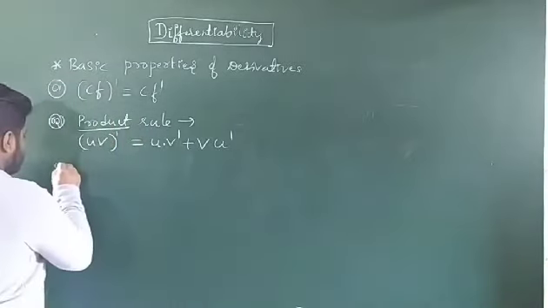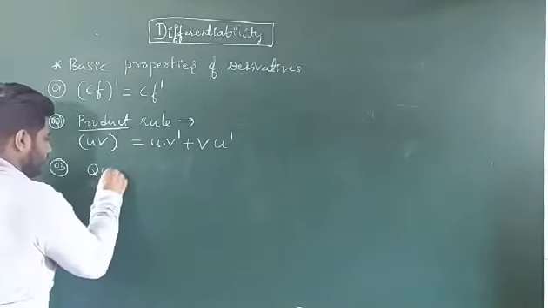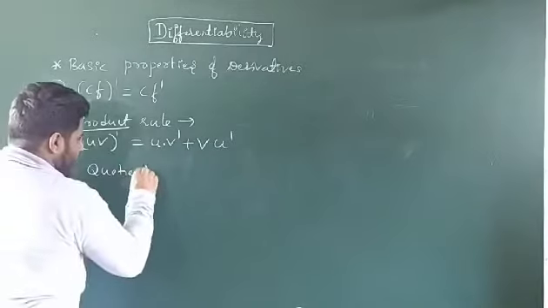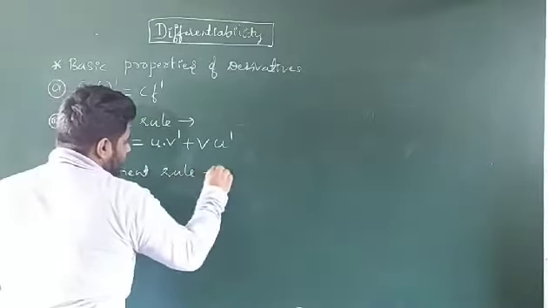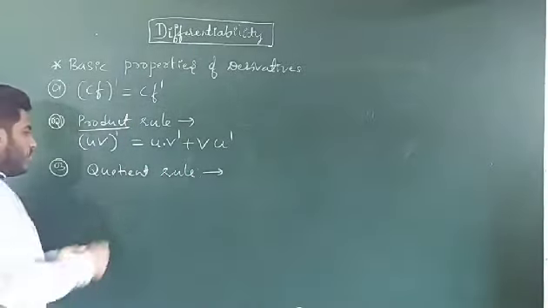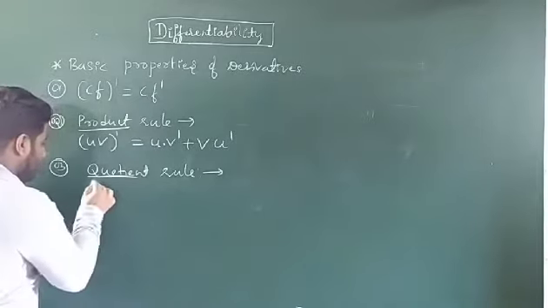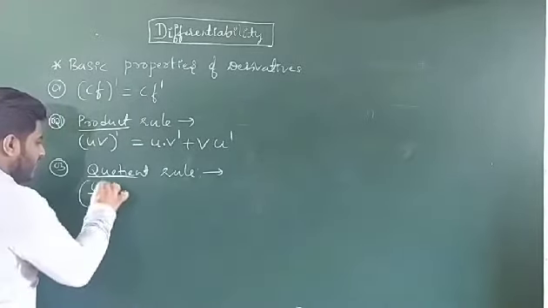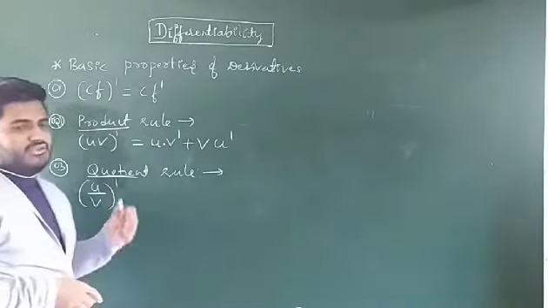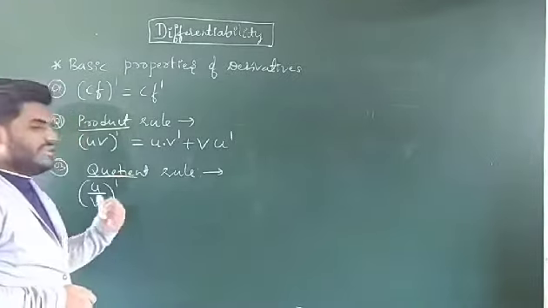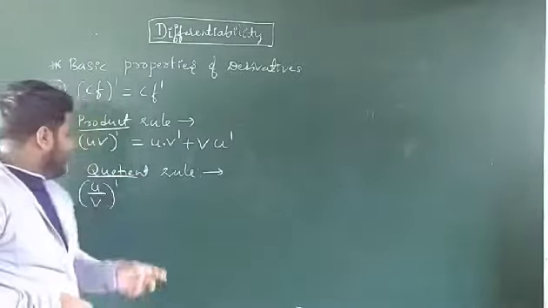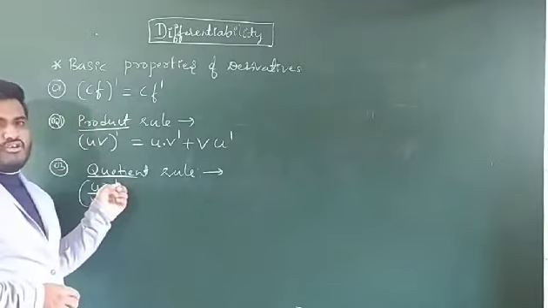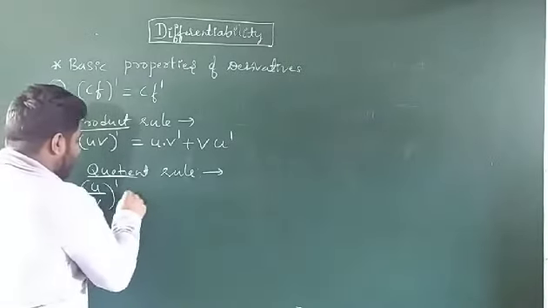Next one, quotient rule. Again, the name itself indicates quotient means division. So when you have U by V form, two functions in the numerator and denominator, and you want to find the differentiation of the whole thing, you just apply this rule.